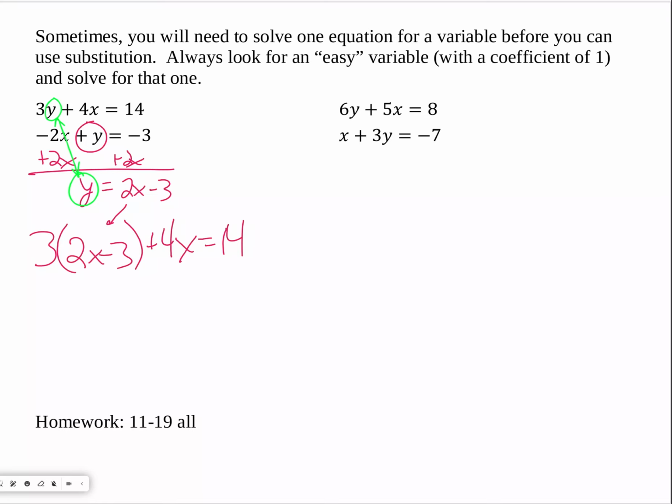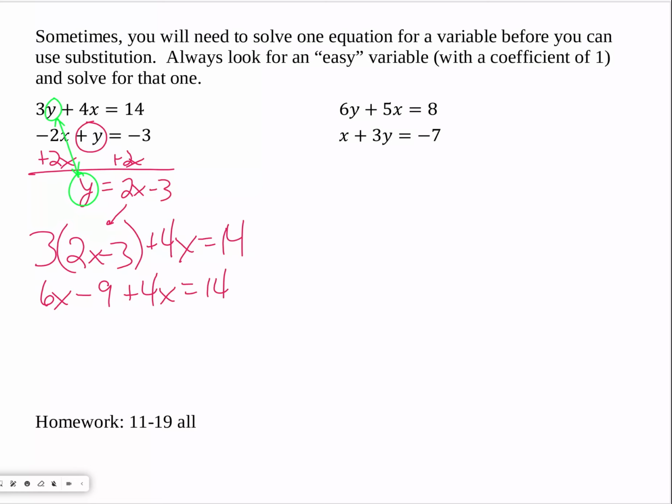I plugged it in. Now this equation that I have sitting here is just a single variable equation. I can solve for that variable now. I can solve for x. So I'm going to distribute. So I have 6x minus 9 plus 4x equals 14. So now we're right back in chapter 2. It's like September all over again.